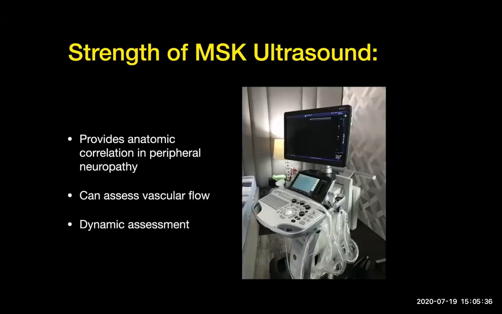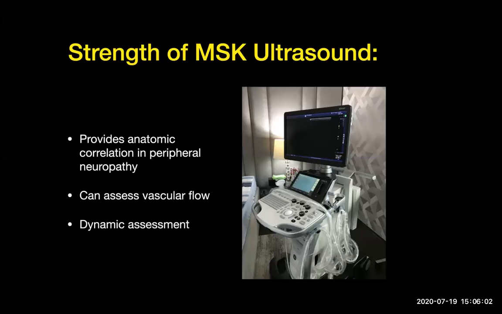For ultrasound, of course, the strength is that it provides anatomic correlation in peripheral neuropathy. So whatever we see would eventually be converted into some anatomic change. So we need to see exactly what those changes are in order to interpret it very well and to also assess it.